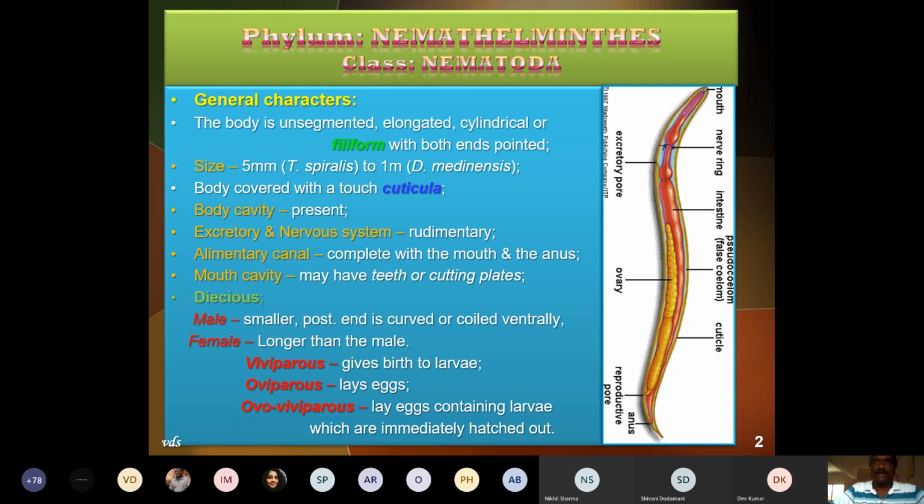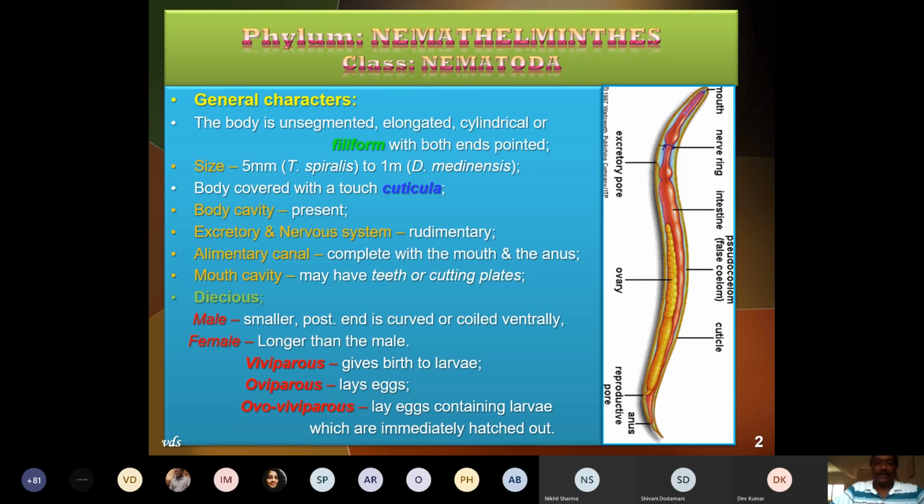Whereas there are some exceptional nematodes which produce eggs in the uterus, but during the laying of eggs, the larvae immediately hatch out. So here eggs are produced, but during laying of the eggs, the larvae hatch out, and such a parasite is called an ovoviviparous parasite or ovoviviparous nematode.